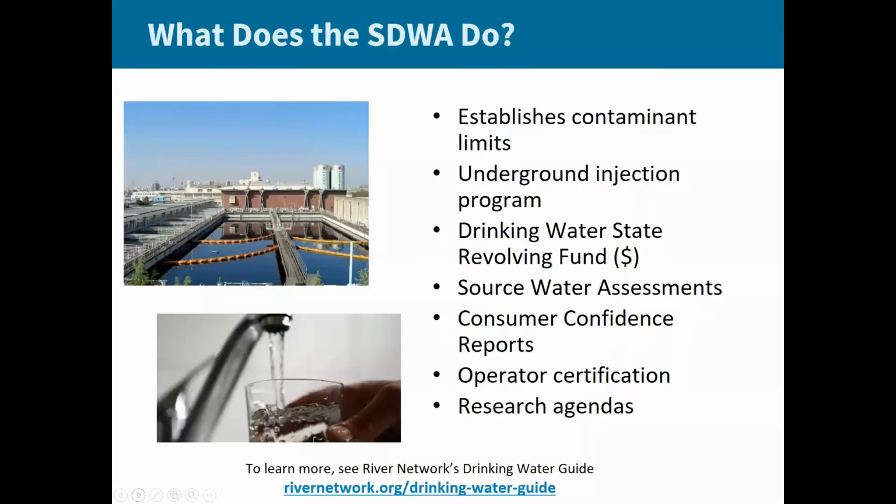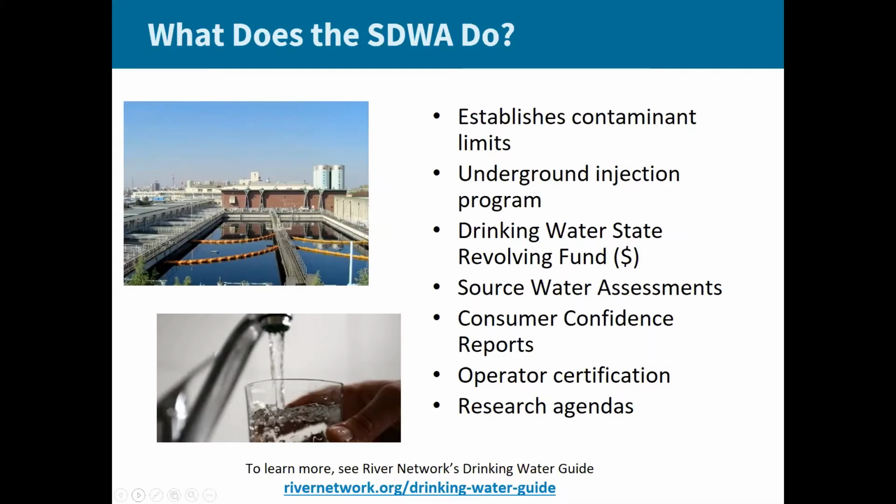So, what does the Safe Drinking Water Act actually do? At a broad level, the Safe Drinking Water Act establishes the maximum allowable contaminant levels that must be met by drinking water providers. Additionally, the law also covers areas like the underground injection control program. It sets up the Drinking Water State Revolving Loan Fund that provides money to the states, which is covered in Section 4.